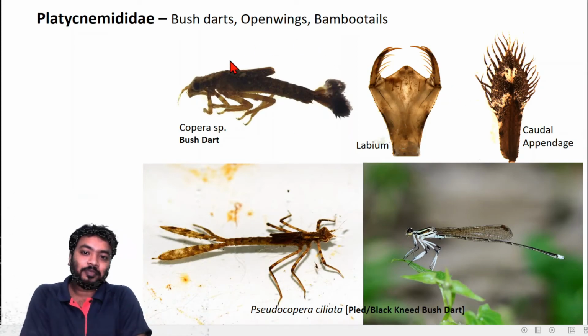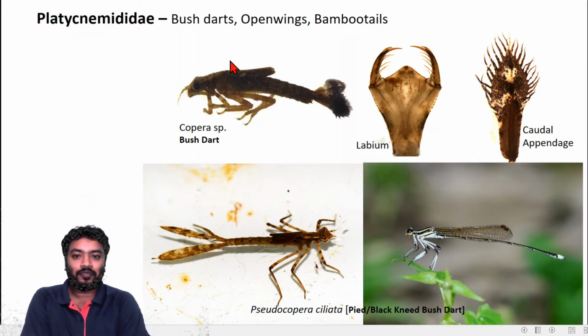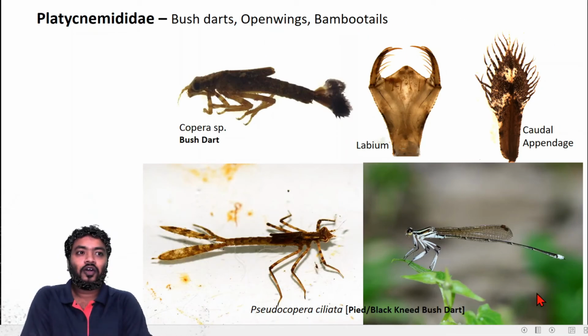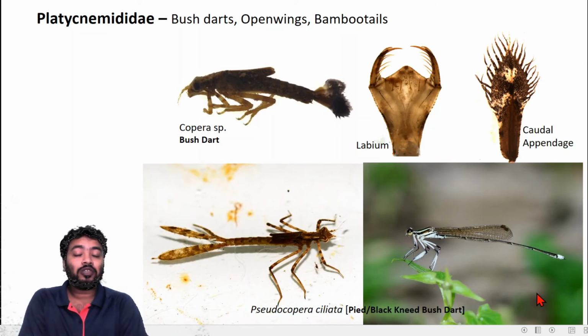And let me tell you, I told many characters for all the families and all the species and genera, but definitely behavior and ecology is very important for the identification: from which microhabitat you are collecting, and how the species is hiding itself in that microhabitat. That is also a very crucial character that can help you for identification.